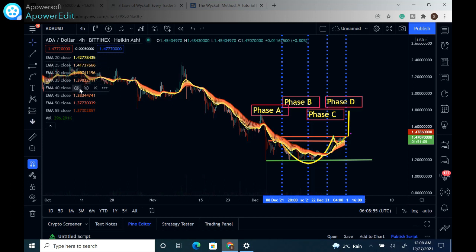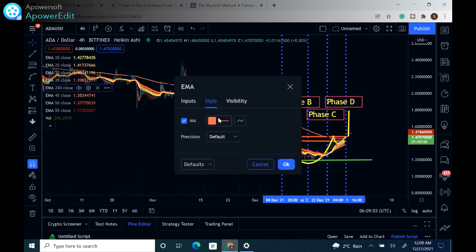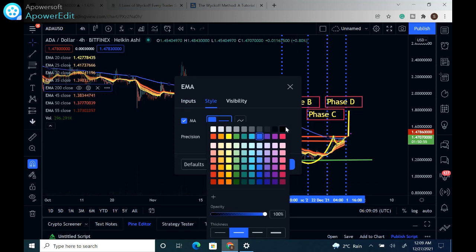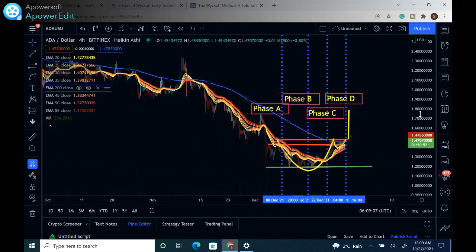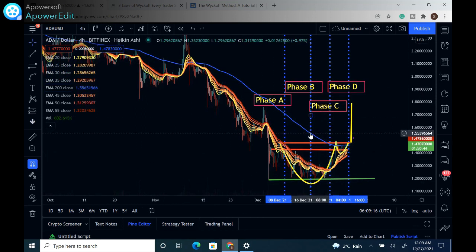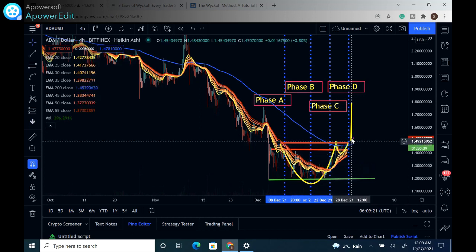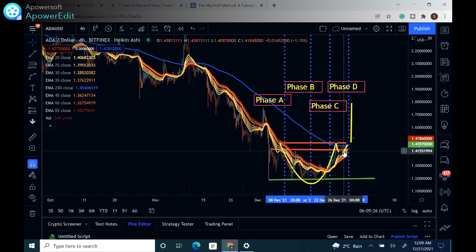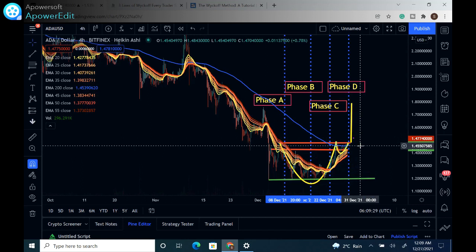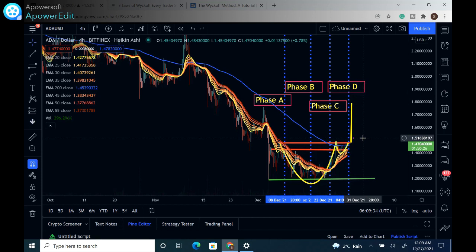If I change one to long term and make it blue, you can see the long term ribbon versus the short term ribbon is just going to cross here. Once these ribbons cross each other, we will see massive upward movement of the Cardano price.